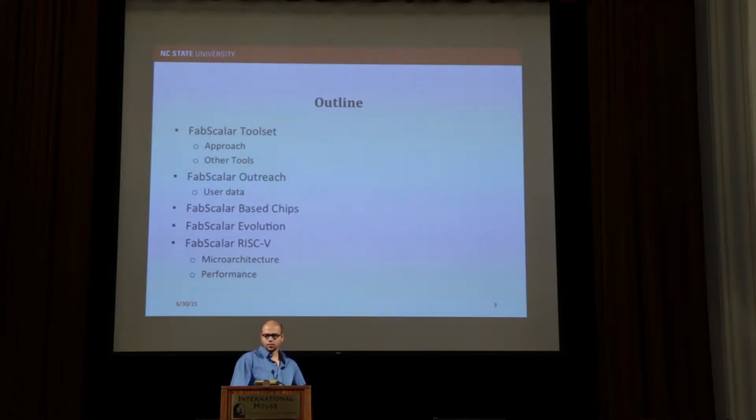We and some other folks did some chips with FabScalar-based cores, and I'll show you some pictures and die photos of those. Then I'll move on to the evolution of FabScalar from the release version back in 2011 to the current version today in 2015. And then, of course, the reason I'm here, I'm going to talk a little bit about the RISC-V port of FabScalar, its microarchitecture, and a little bit about performance as well.